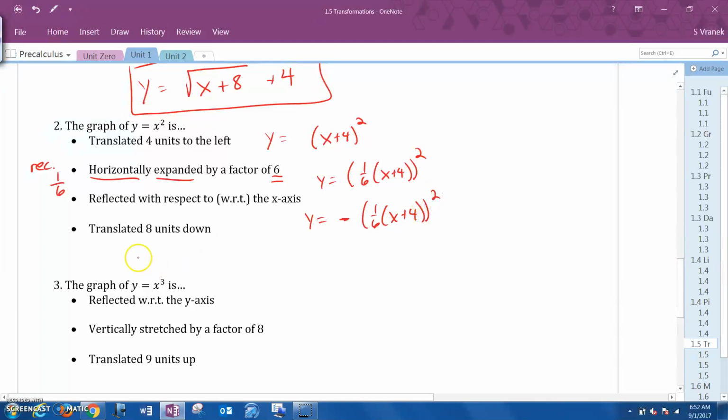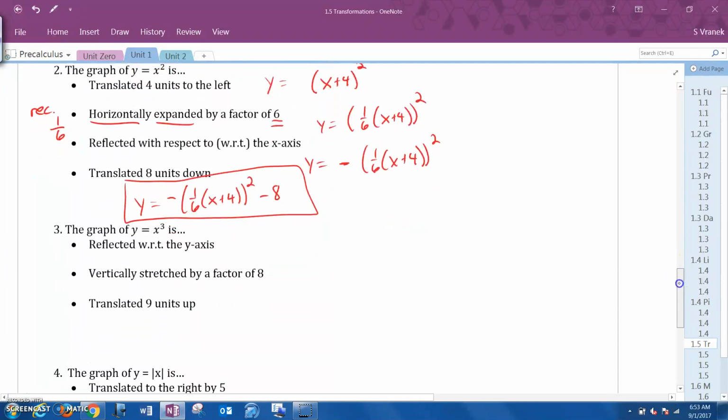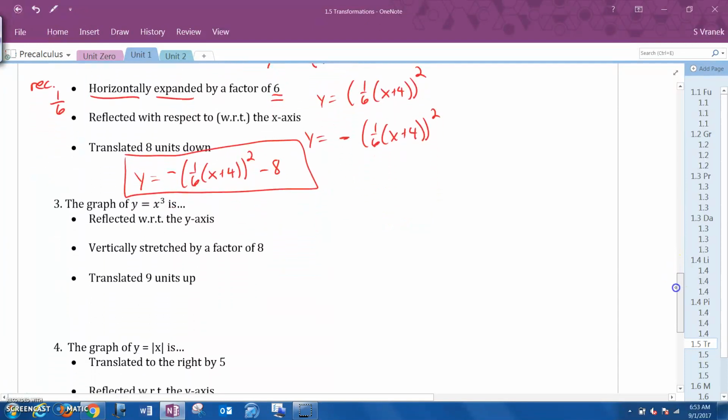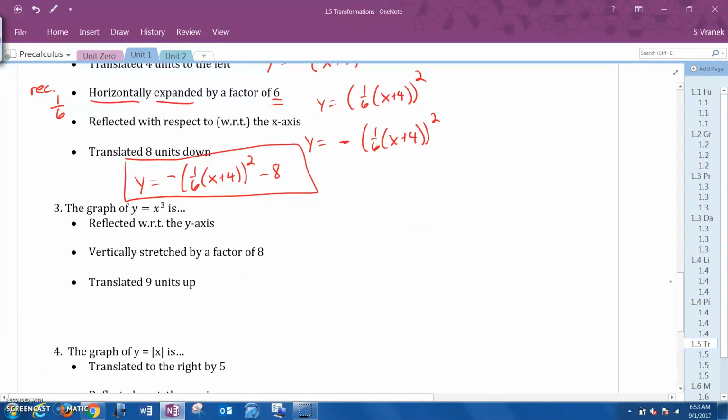And then finally, we would tack on an 8 units down. So we have negative the 1/6, which did the horizontal expansion. And then finally, we need to go down 8. Okay? So this would be the final answer, adding everything in. Again, that one's difficult because we have a horizontal expansion, which we never did really.